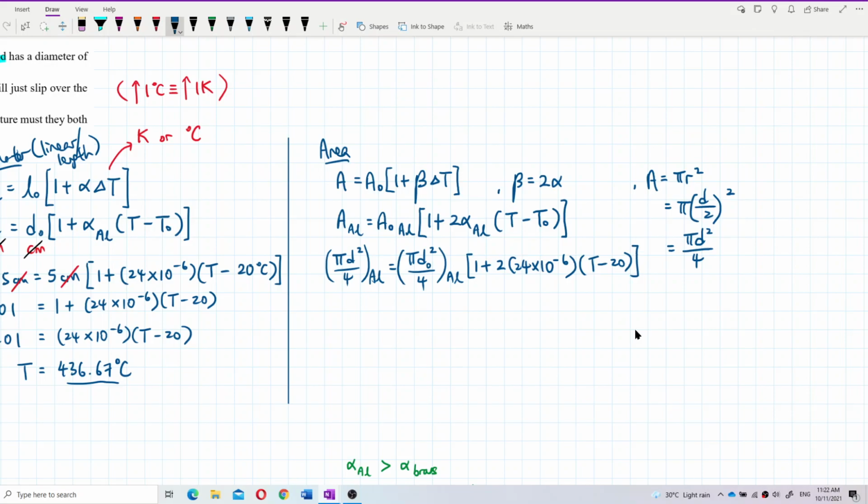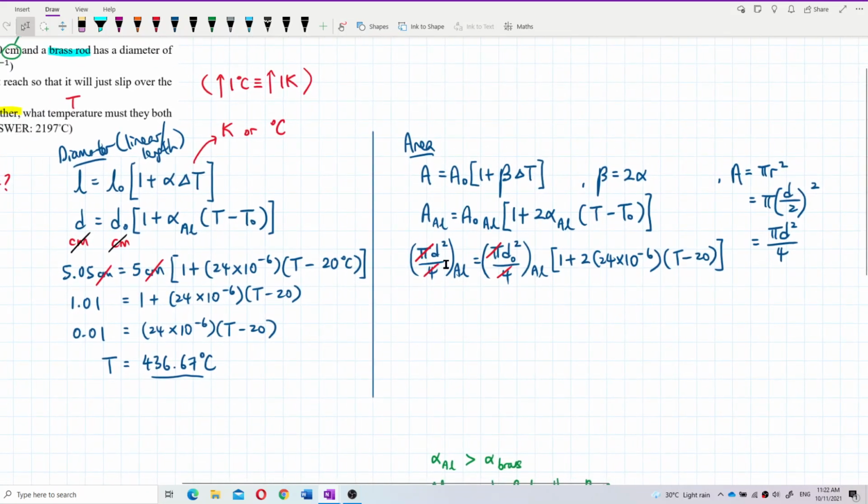Okay, t minus 20. So what we can do here is cut all the common terms. This is the common thing we can cut off, the 4 here also. And then we can put in the value for diameter.